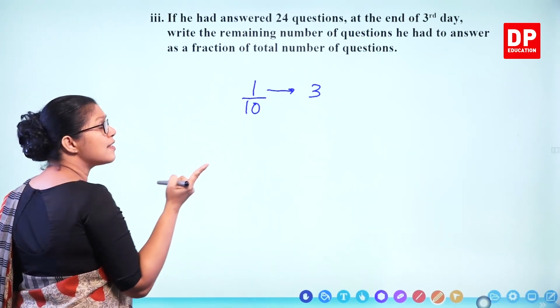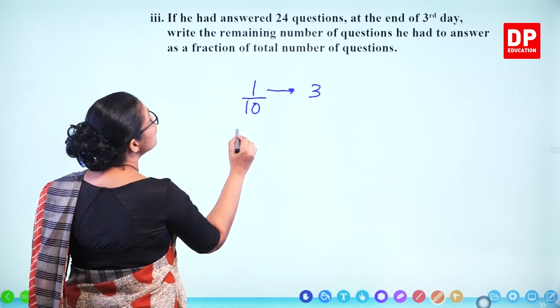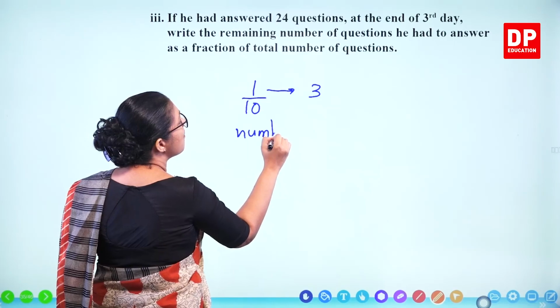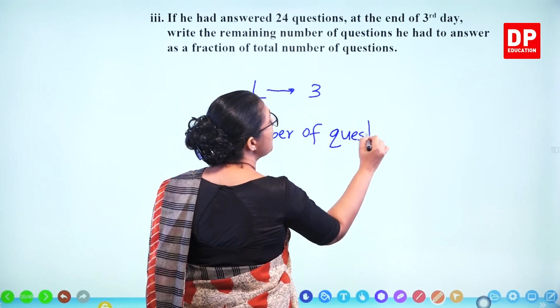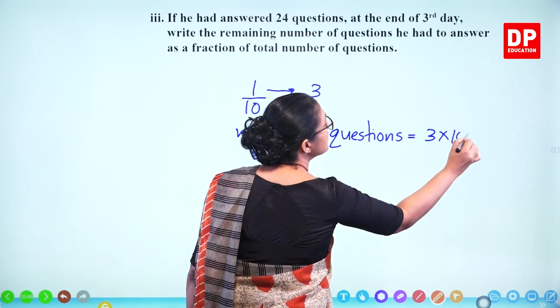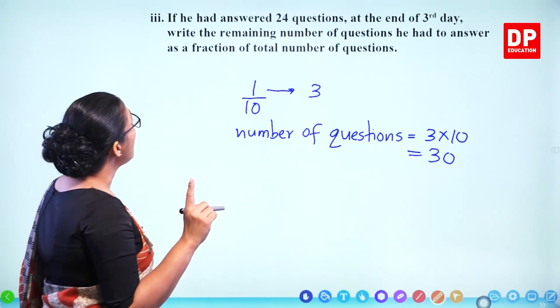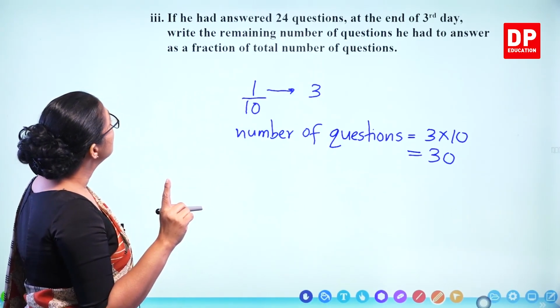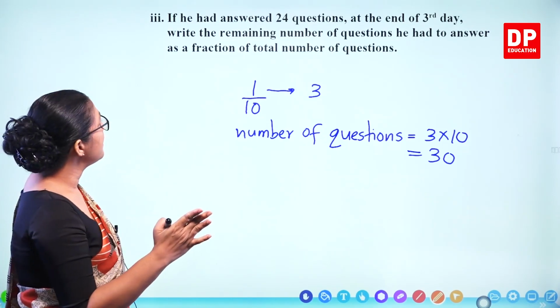So what's the full part? So you multiply by 10. So altogether number of questions in the question paper is 3 times 10. That's 30 questions are there. So he answered 24 questions at the end of third day.